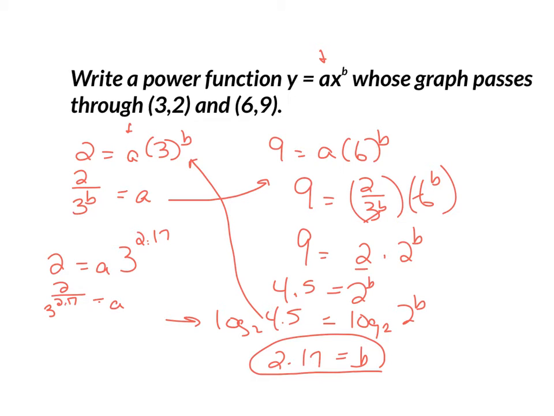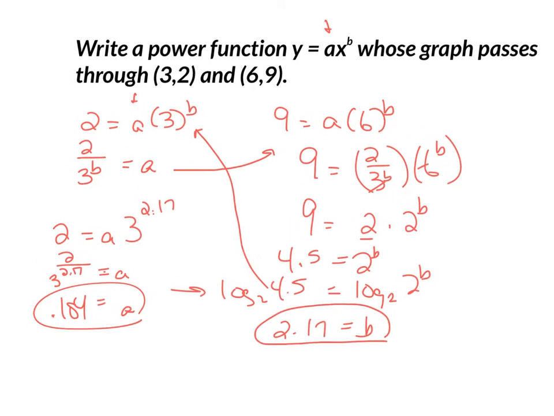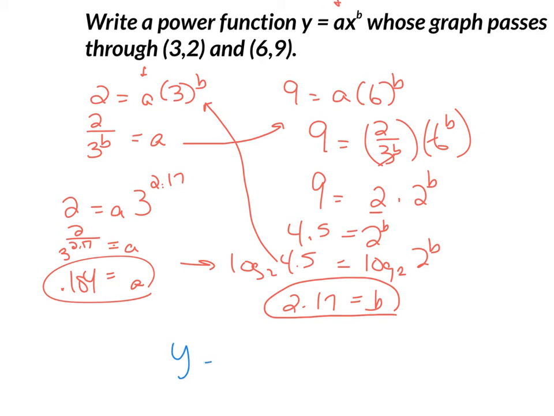Work that out, and I get a is 0.184. So there's my a, there's my b, my final function. Let me change colors here so you can find it. It's going to be y equals 0.184 times x to the 2.17 power. And there it is.